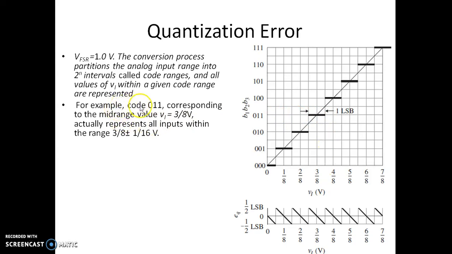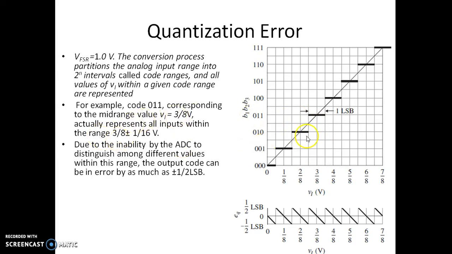Meaning to say, code 011 corresponds to the mid-range value Vi equal to 3 by 8, and actually represents all inputs within the range of 3 by 8 plus or minus 1 by 16. Any voltage lying within 3 by 8 plus or minus 1 by 16 will be represented by 011 only.